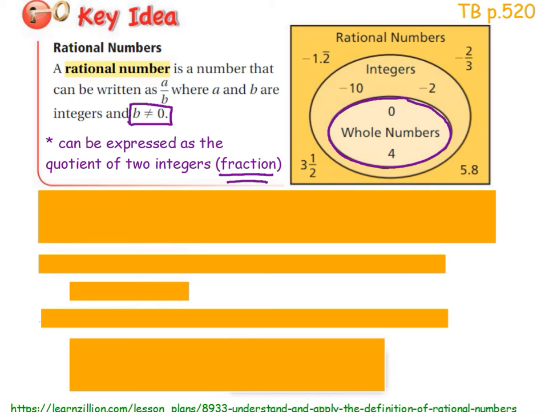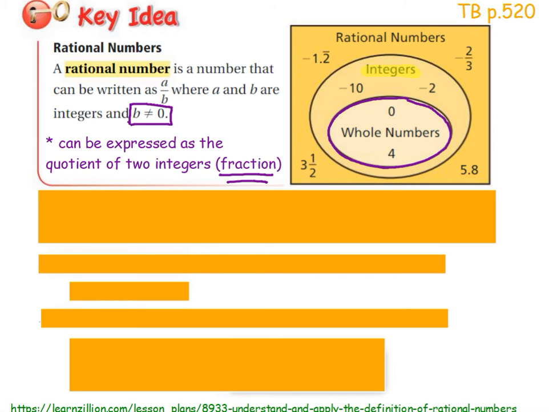Then remember that integers, everything in this second circle right here, are simply positive and negative whole numbers. Then rational numbers are written in the outer square. So these are numbers that could be fractions, they could be decimals, but either way, we could somehow convert them to the form a over b.